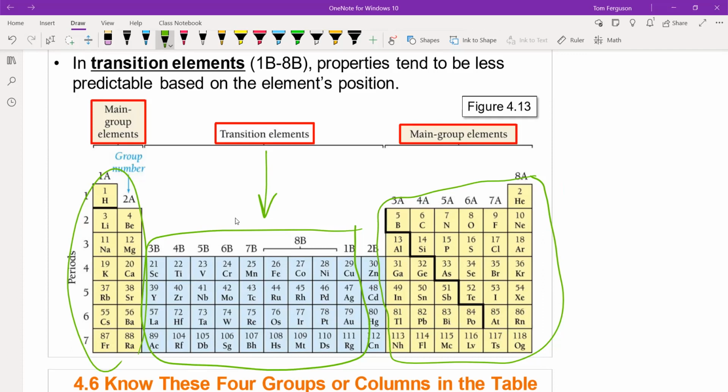Okay, so the main thing though is now we have transition elements and main group elements. The main group elements are well behaved. The transition elements are not. Remember I said these are +1 all the time, +2 all the time, -1 all the time, etc. These guys, +1, +2, +4, +5, +6.